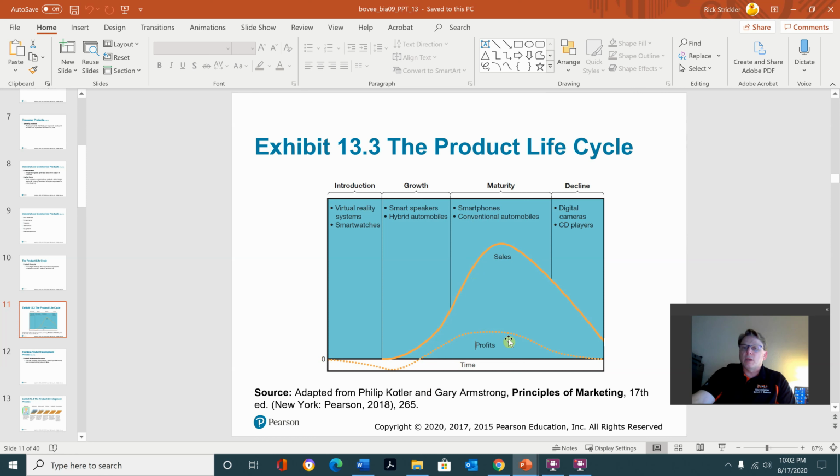Profits are maximized in the growth stage and peak stage and just over the peak, and then profits decline as the product declines. And this is time, how long it takes. But there's nothing specific because it could last days, weeks, months, years, decades. It just depends on the type of product.